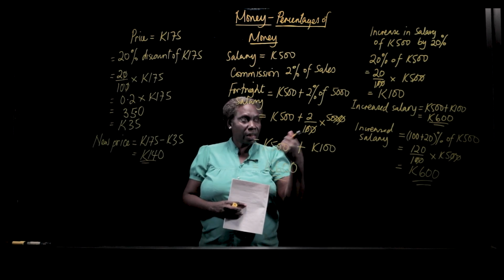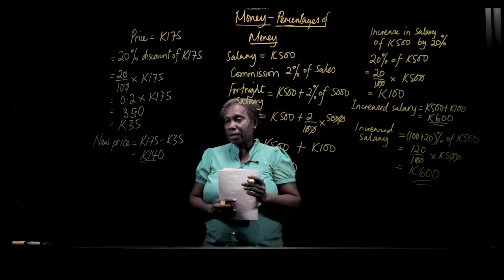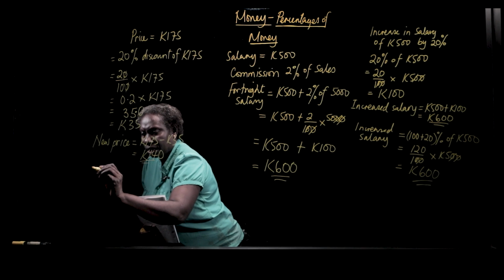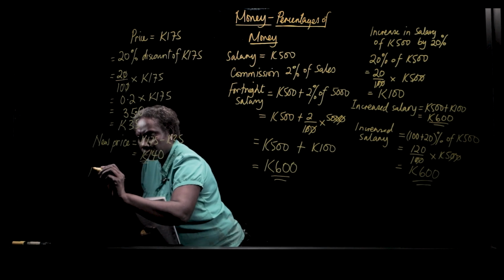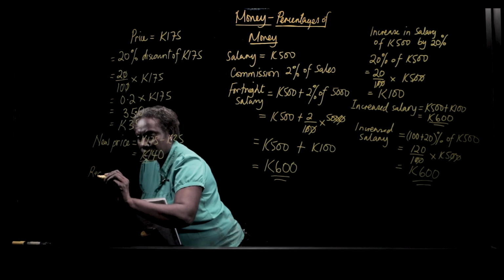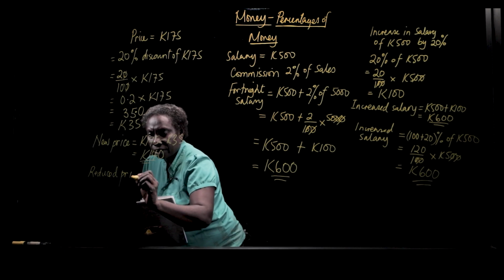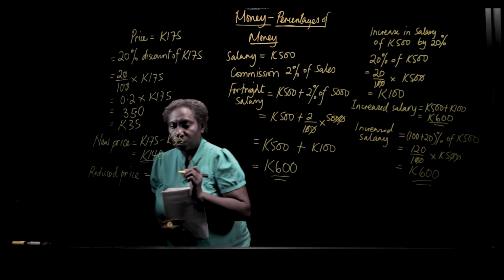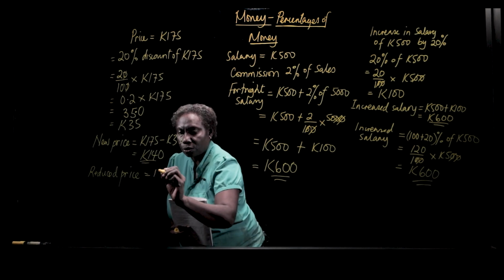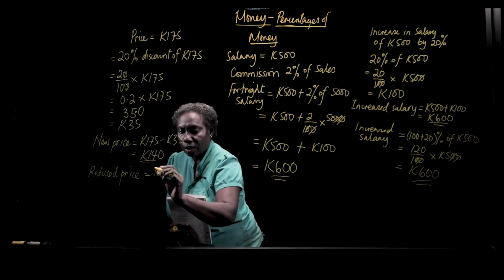So that is the price that the rice cooker is going to be purchased at after the discount of 20%. Again, we can also use the shortcut method like what we have done for increase in salary. Reduced price is equal to, since it is a discount of 20%, we subtract 20 from 100%.